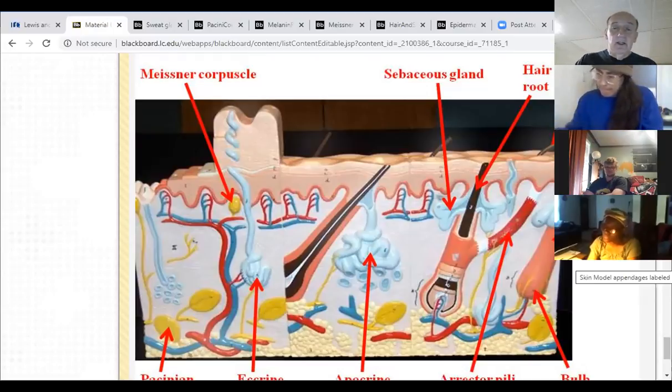The hair follicle is an attractive place for many other structures. Next to the hair follicle, we have this reddish arching structure. This is smooth muscle called the erector pili muscle, and it serves the movement of the hair follicle.